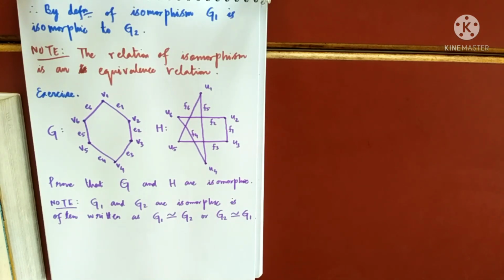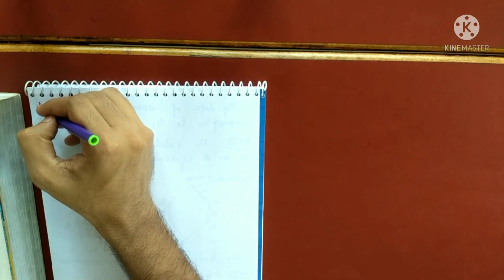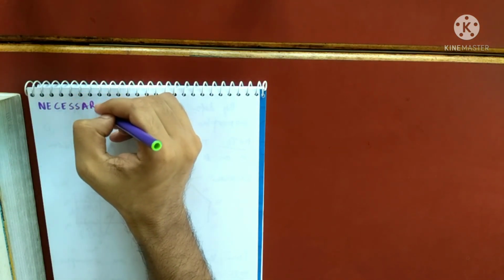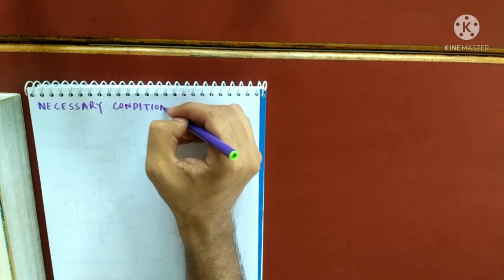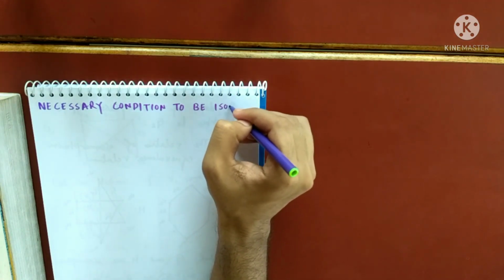Okay, so now there are many theorems relating to isomorphism. Let me state all of them one by one. Now this theorem I will call the necessary condition to be isomorphic.